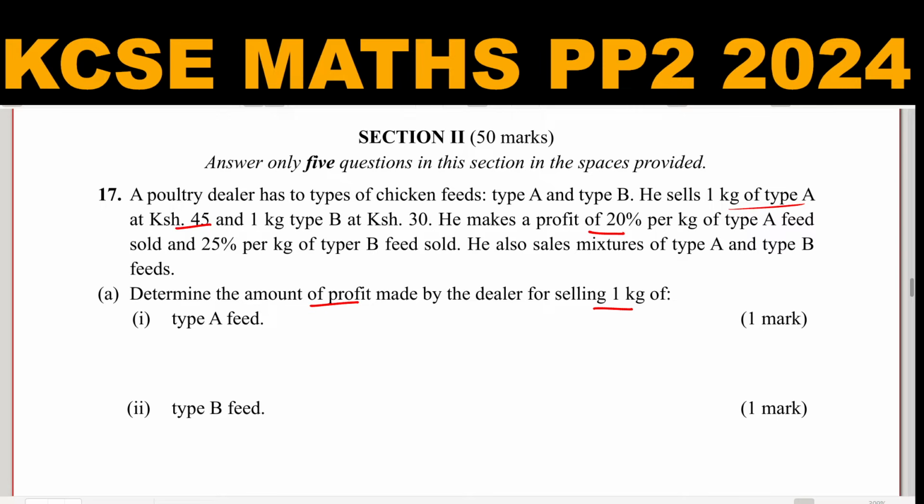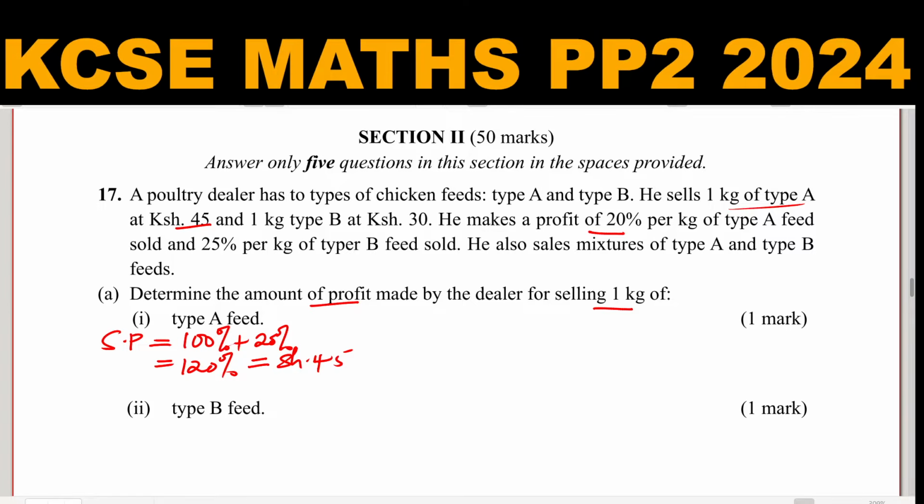So if the cost price is 100% and he made a profit of 20%, the selling price will be 100% plus 20%, which is 120%. So 120% represents the selling price, which is 45 shillings.